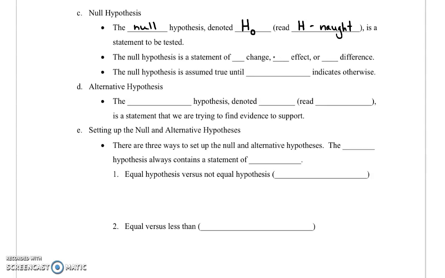That's our statement to be tested. The null hypothesis is a statement of no change, no effect, or no difference. And the null hypothesis is always assumed true until evidence indicates otherwise.